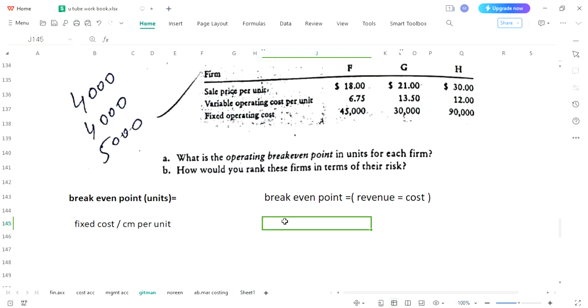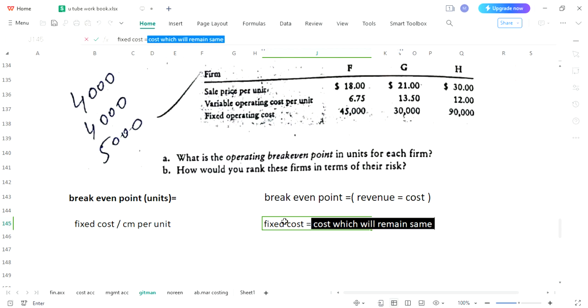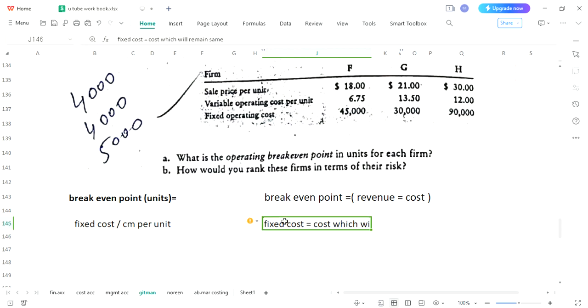Fixed cost is a cost which would never be altered. It would remain the same. Never means within a particular financial year or accounting year, this cost would not change. First you understand the meaning: the cost which will remain the same and is not being changed.